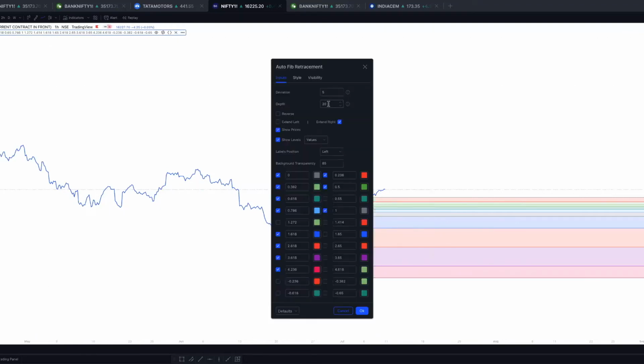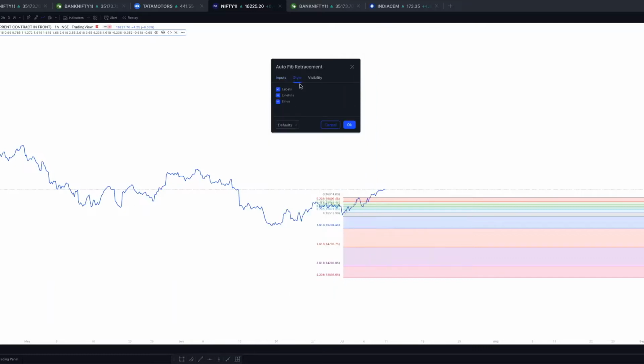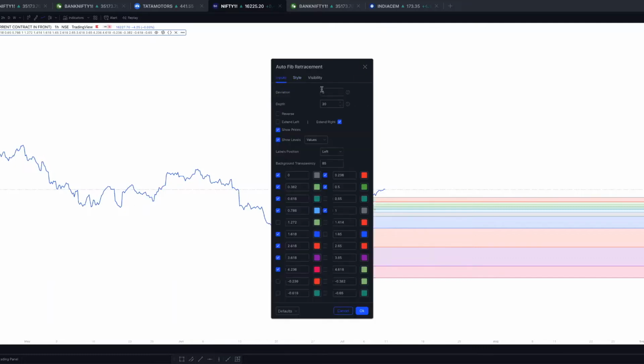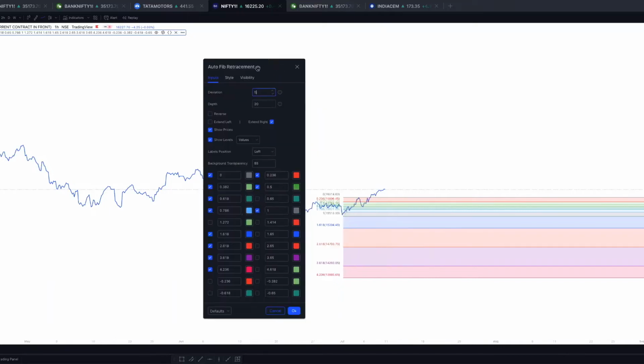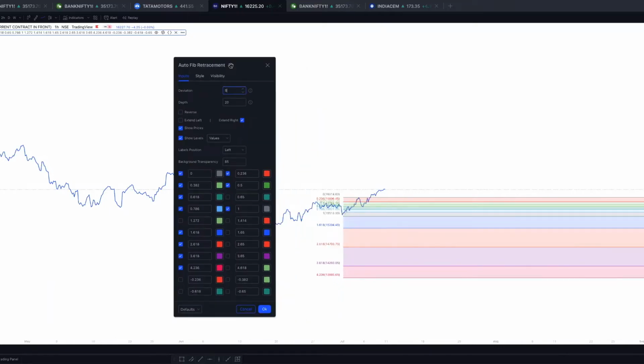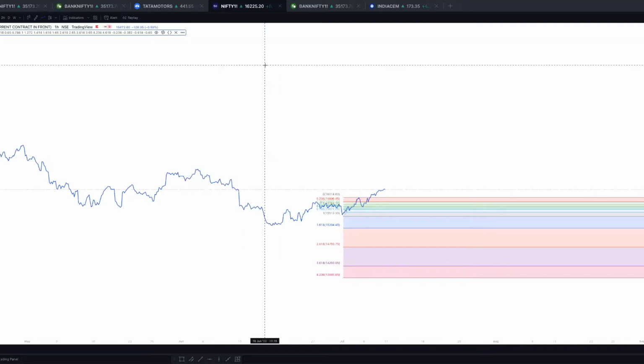These two parameters are changeable and the rest of the things are the same, so there is not much difference. If you want, I can spend some time adjusting it, but to respect the time, I'm just keeping it. I would like everyone to research on this, but I would still suggest you go with the manual aspect.